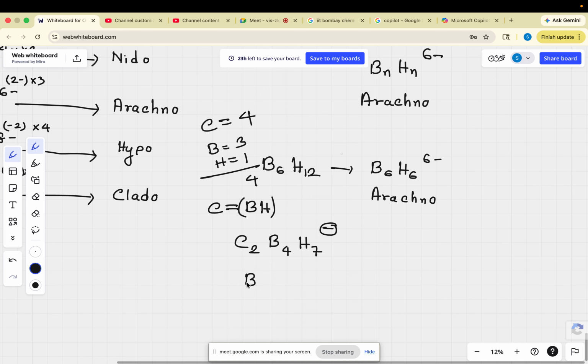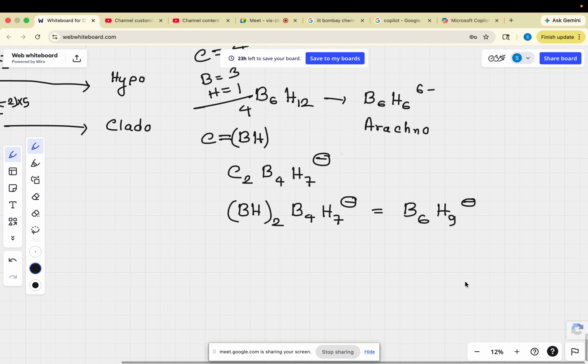So if I replace that, what am I getting? BH whole 2, then you have B4 and H7 minus. You have 2 boron, so you are getting B6, and 2 hydrogen here, 7 hydrogen here, so H9 and a negative charge: B6H9 minus, right?